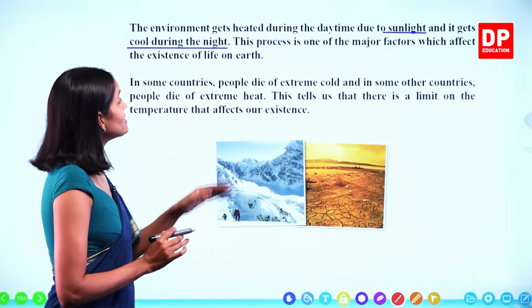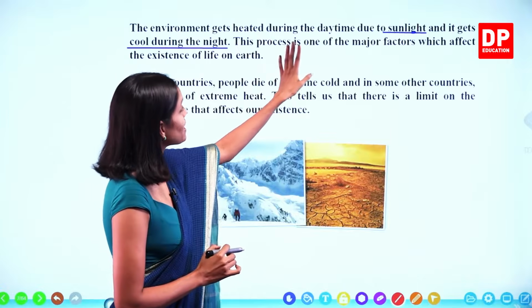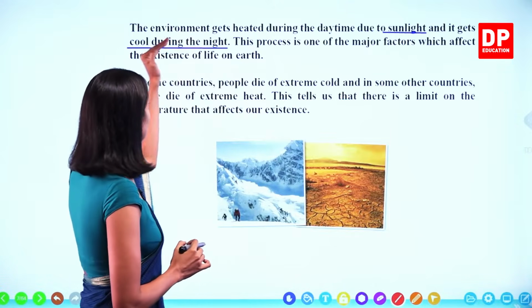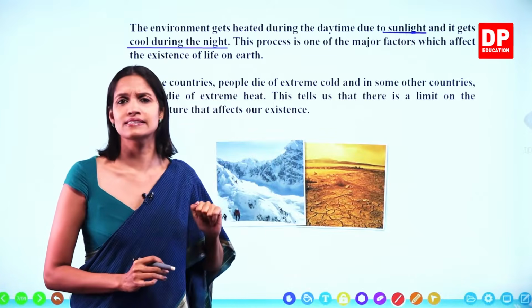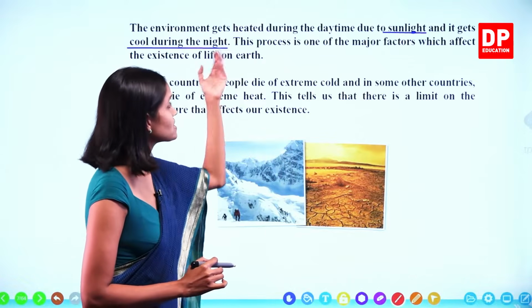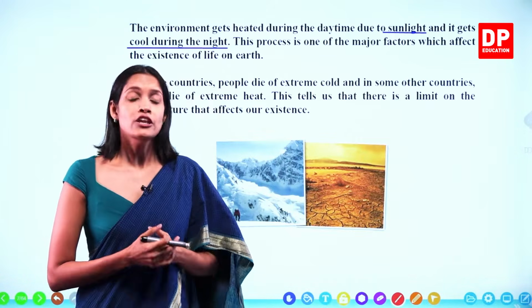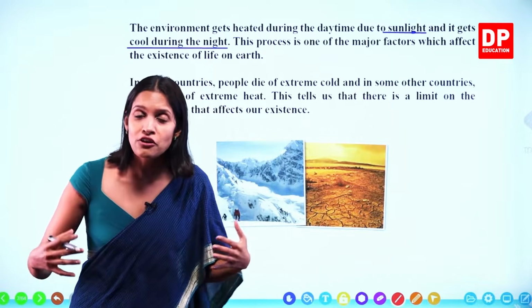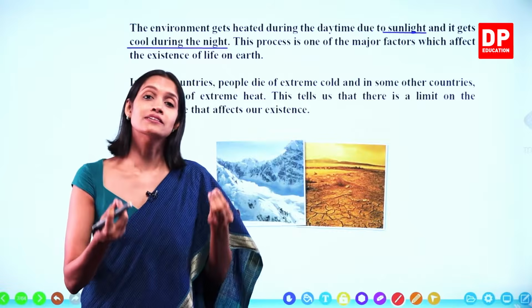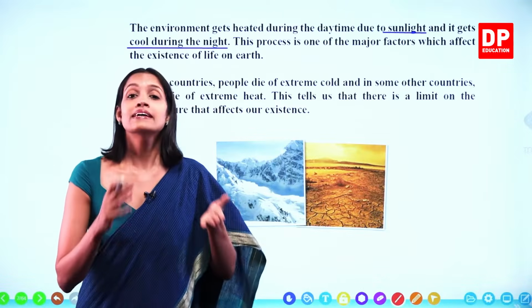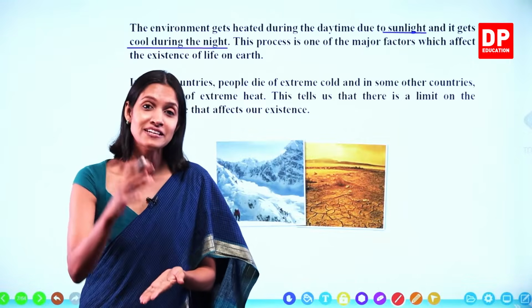Okay, children? This process is one of the major factors which affect the existence of life on Earth. What is the reason, children? How is this process important for our living? Now, to do any kind of activity in the living organisms, there should be a certain amount of temperature. That temperature is given by the sunlight.